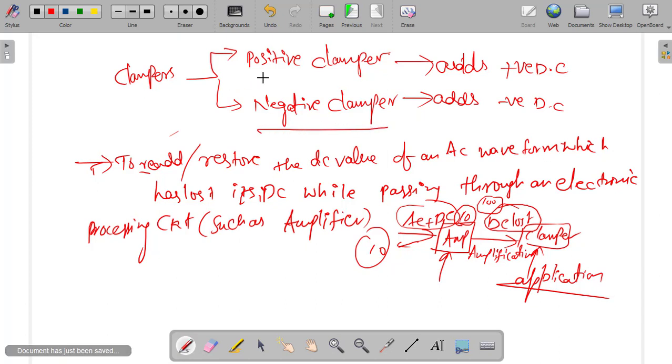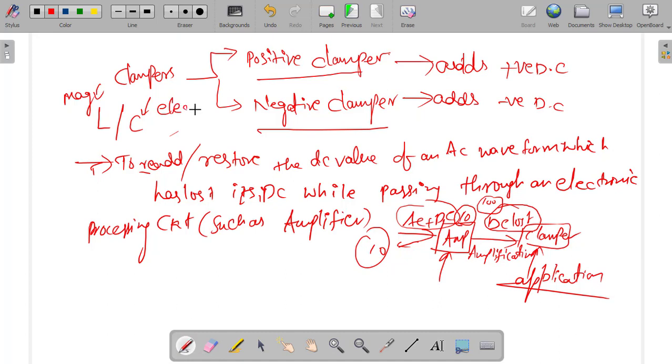Coming to the negative clamper, one most important thing in a clamper, in order to restore or re-add DC, is that we need a storage element. What are the storage elements? Either L or C. An inductor stores energy in the magnetic form and a capacitor stores in the electric form. Q is equal to CV, it will store charge.